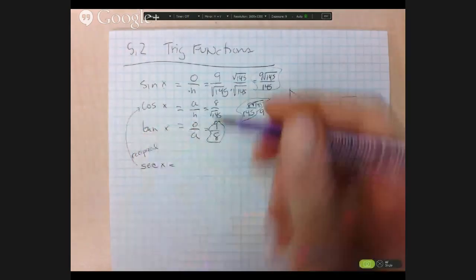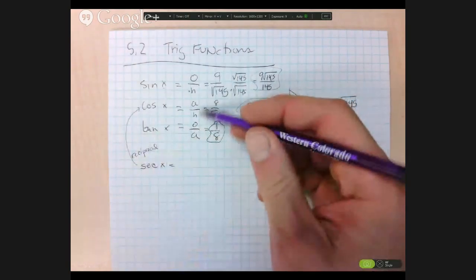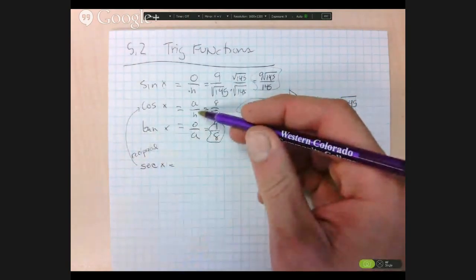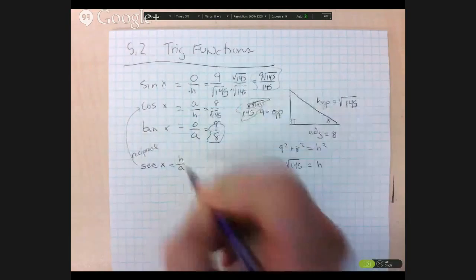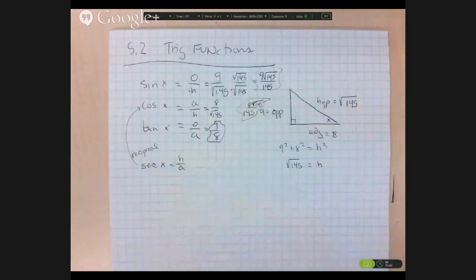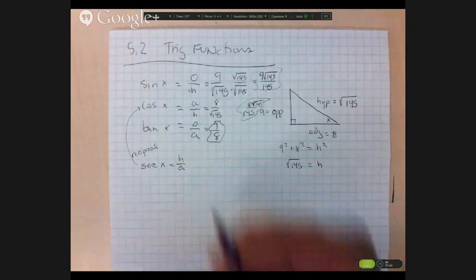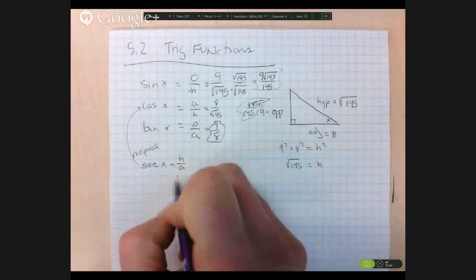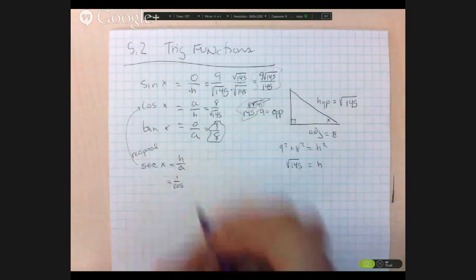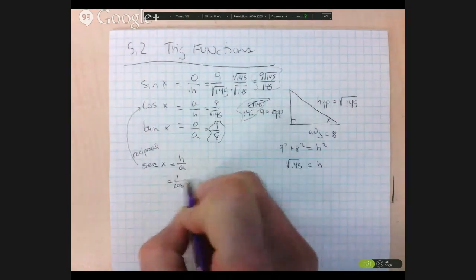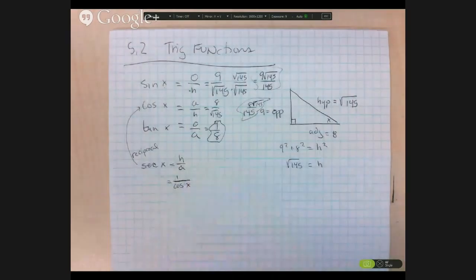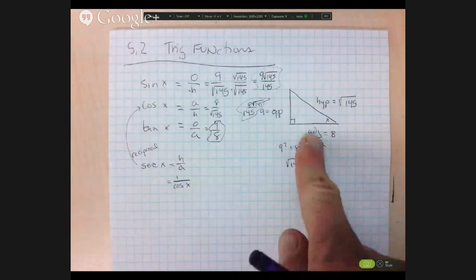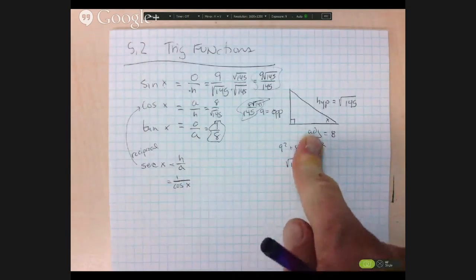So what's cosine? You just flip it over. Okay, so you can also write it as 1 over cosine. Either way works. It doesn't matter to me which you use. So with this triangle, what's the secant of angle X?